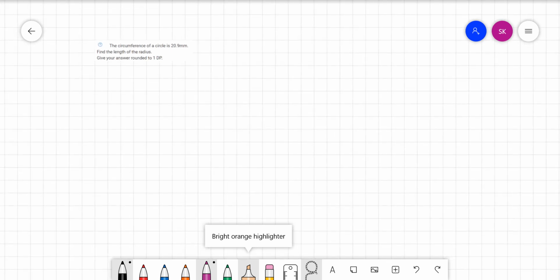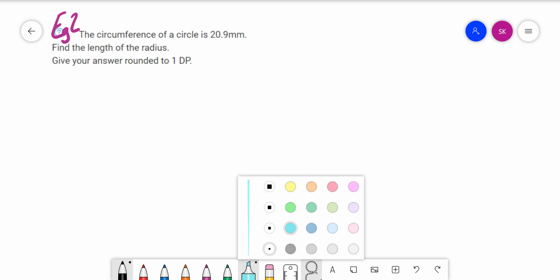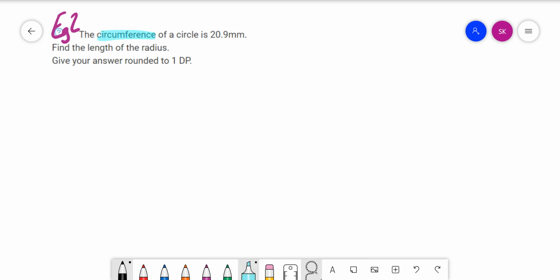Here we have it. So this is example 2, if we call the do now the first example. I don't see why we wouldn't. So pause the video and have a go at this using the strategy that we talked about already. Press play when you're ready to check if you were correct. So again, this is a question where I am given the circumference. Circumference of a circle is 20.9 millimeters.